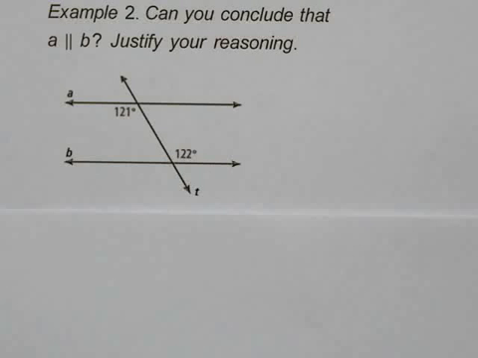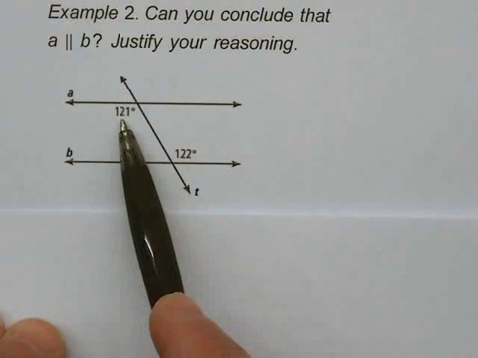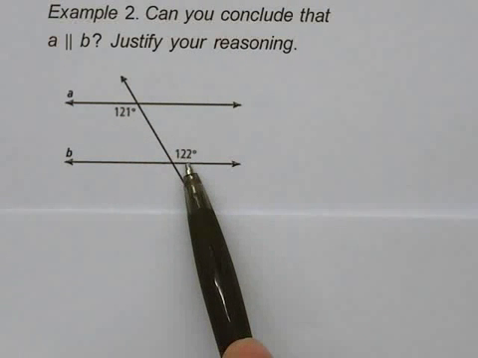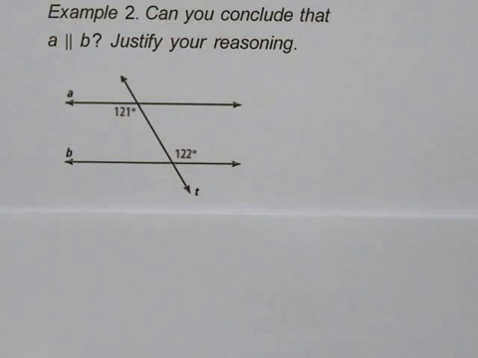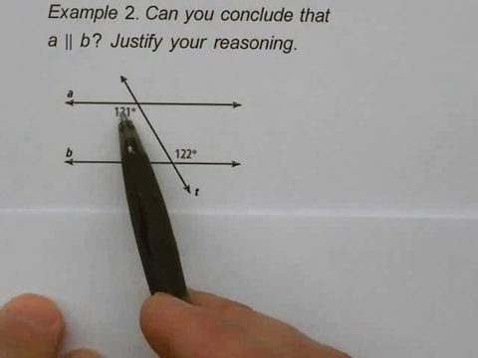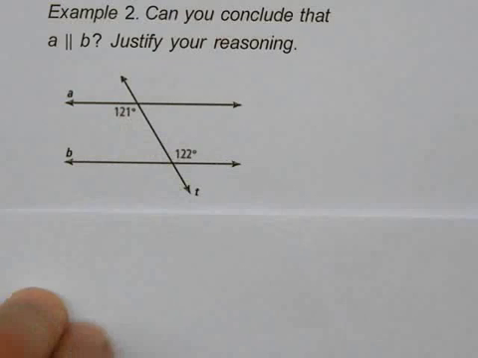And as you can see, there are no arcs, and this angle is 121 degrees, and this angle is 122 degrees. Therefore, I can conclude that A is not parallel to B because the alternate interior angles are not congruent.